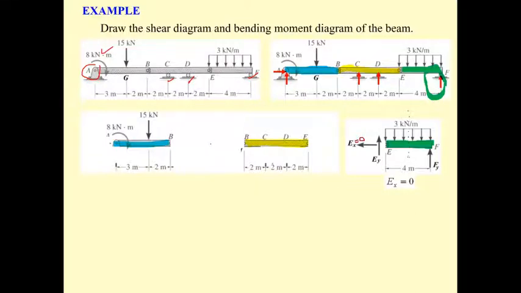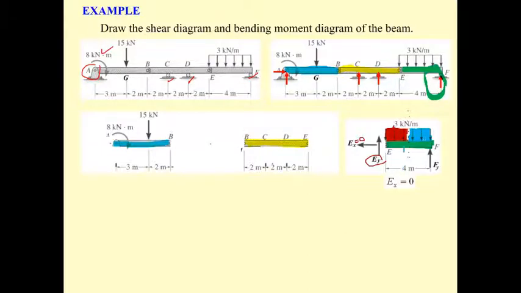And again, this beam is symmetric along this. This means half of the force in this portion will be distributed to E sub y, and the other half, the light blue, will be distributed to F sub y.